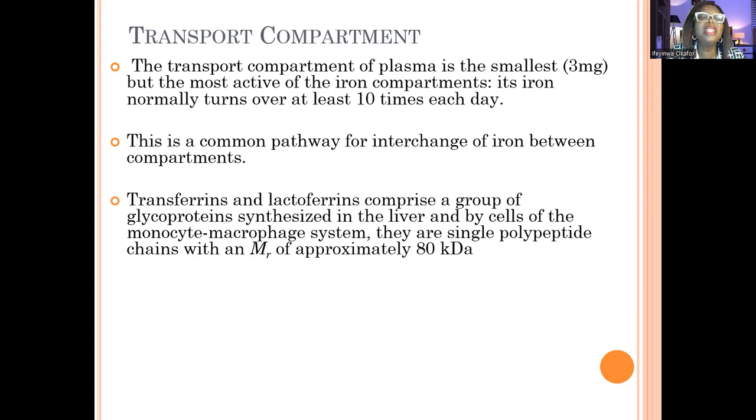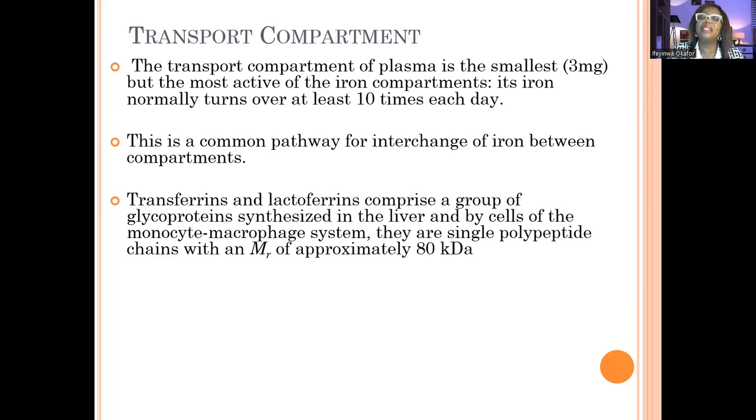But it is the most active of the iron compartments because it is always turning over. Transferrin is always carrying iron to bone marrow. It receives iron from the duodenal enterocyte after absorption and carries iron to where it is needed. It turns over at least 10 times each day.